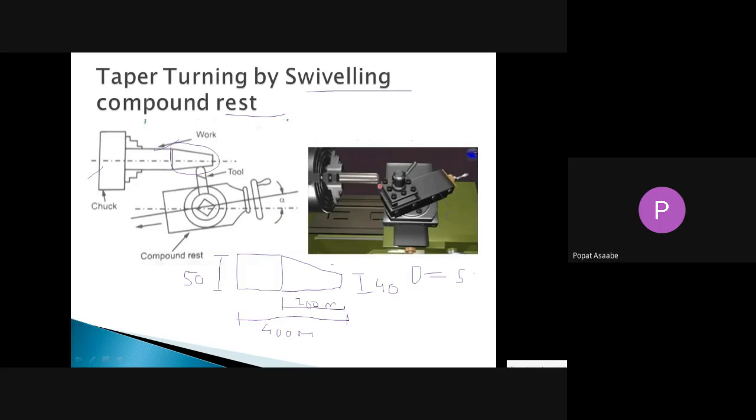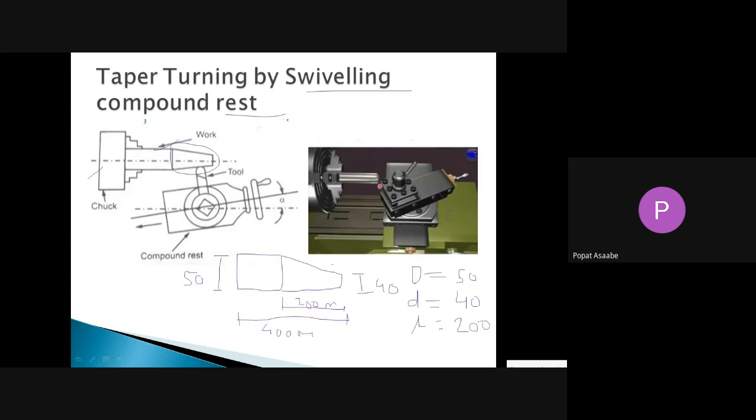Okay, 50 is your capital D. Then what is the small d? 40. Then please tell me the taper length. 200 mm. Okay, 200 mm.